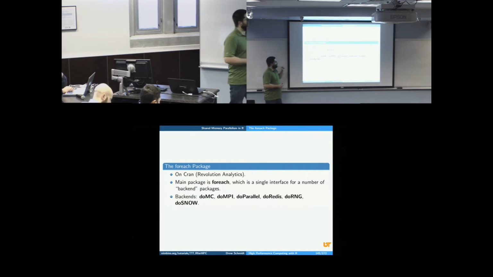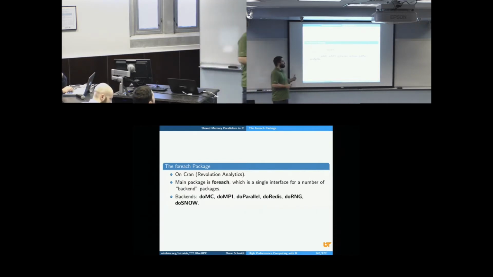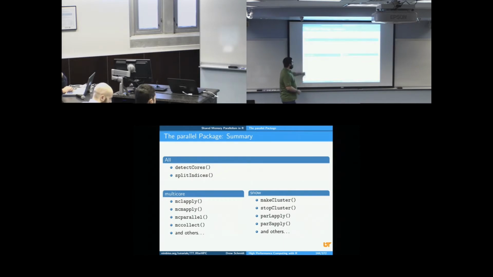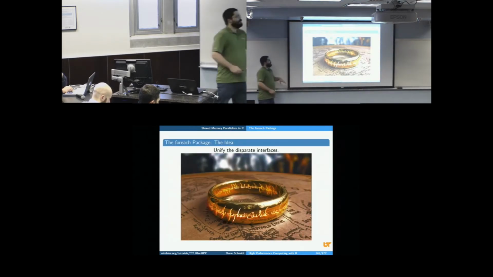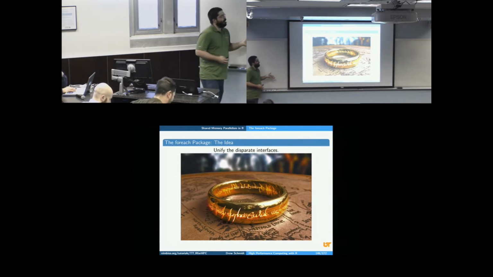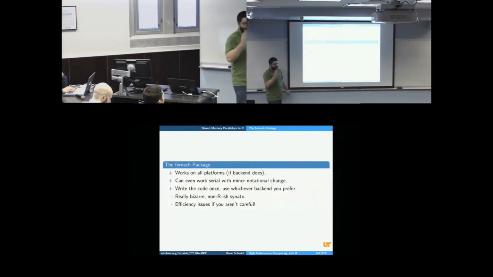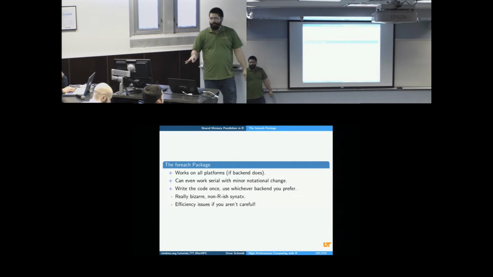Then there's the snow backend. So you plug in that backend, and then the same code is going to use underneath the scenes something like MCLApply or parallel. So the goal is to bind everything together, right? One ring to rule them all. Is it one ring to rule them all, or is this a horrible trick of Sauron? Let's see. It works on all platforms, assuming the backend works on that platform, right?